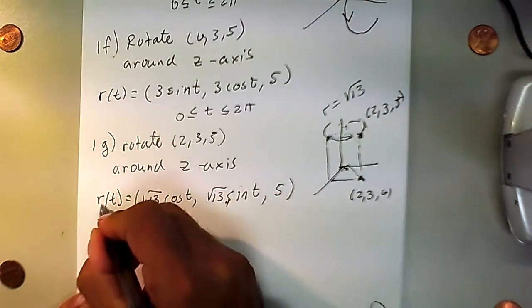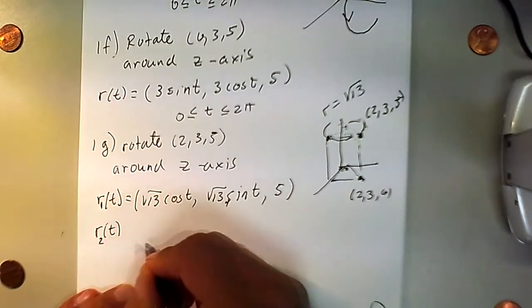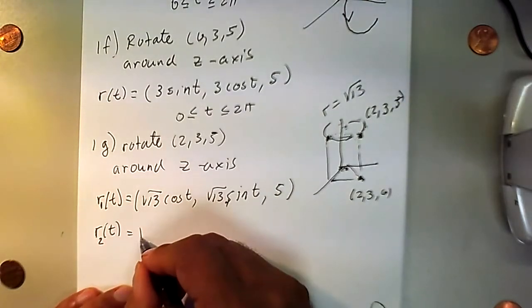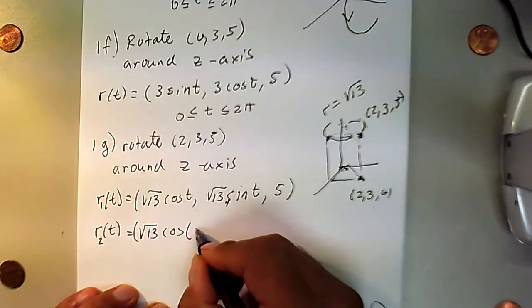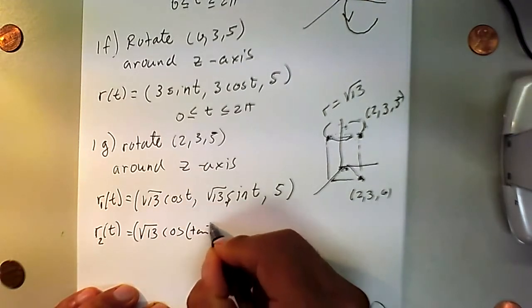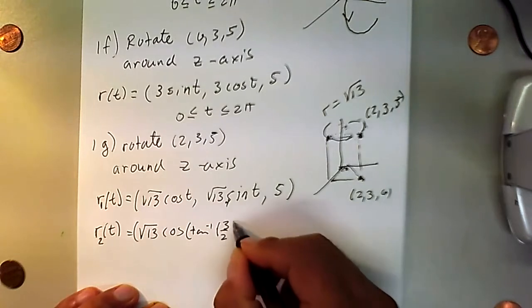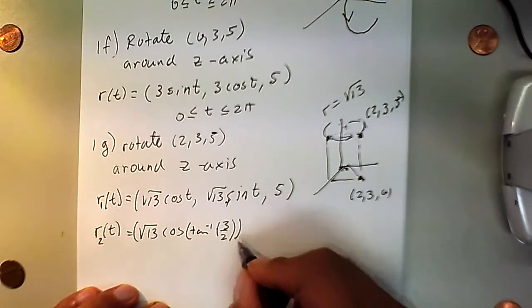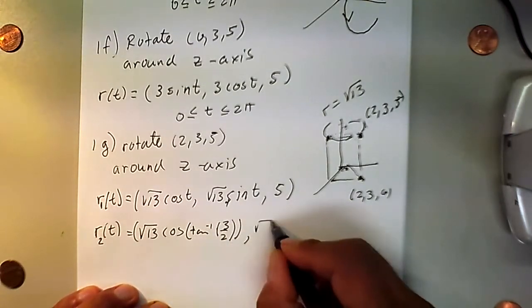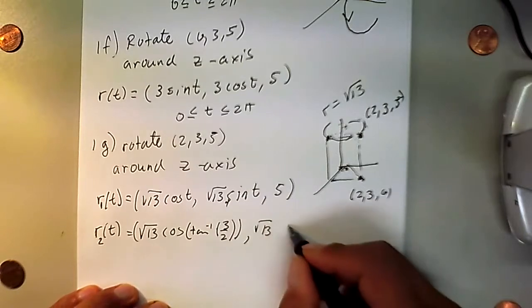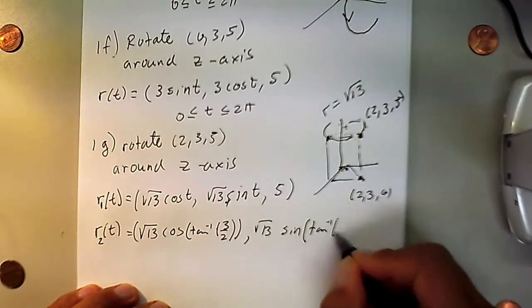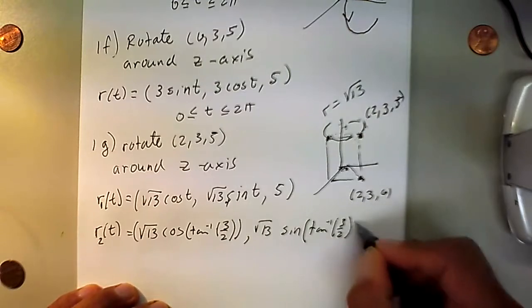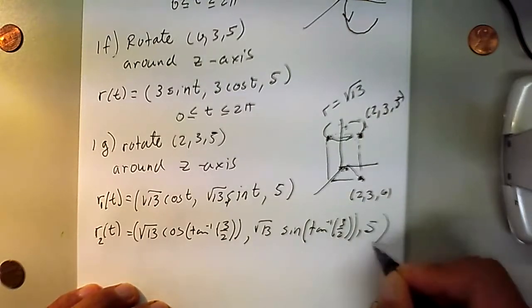Let's do an R1 and an R2, a different one, with a shift. Start with square root of 13 cosine of the arc tangent of 3 over 2, close the parenthesis of the cosine, comma, square root of 13 sine of arc tangent of 3 over 2, comma, 5.